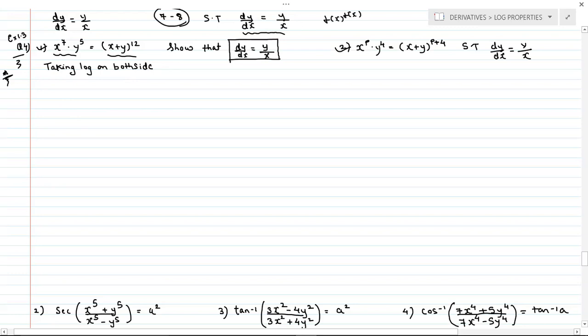Here we don't have a function raised to a function; here we have x raised to 7. So we can apply the x raised to n formula directly. Yes, you can apply the formula. But when you apply it, you will get 7x raised to 6, and in the show-that we cannot see 7 and 6 anywhere in the question.